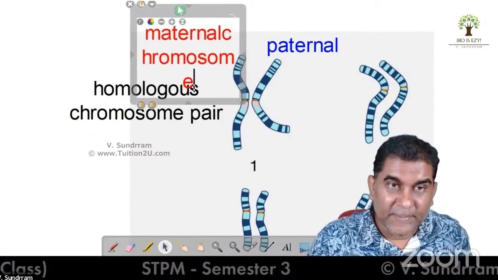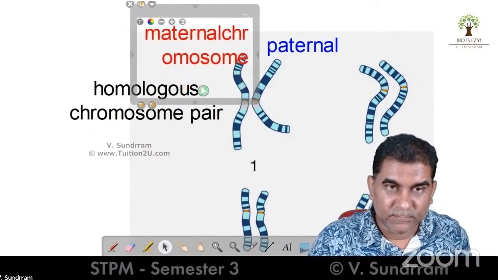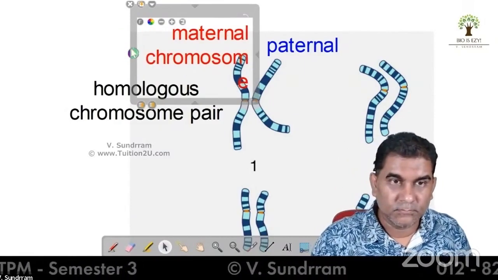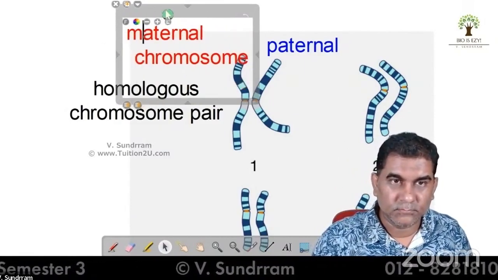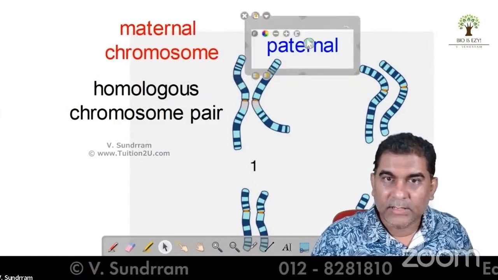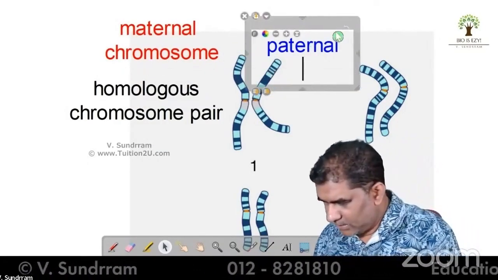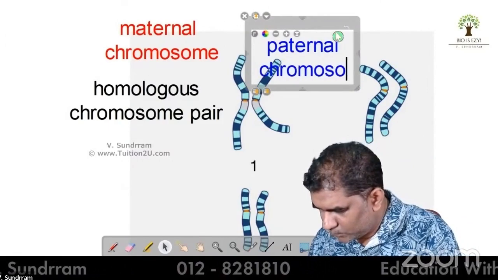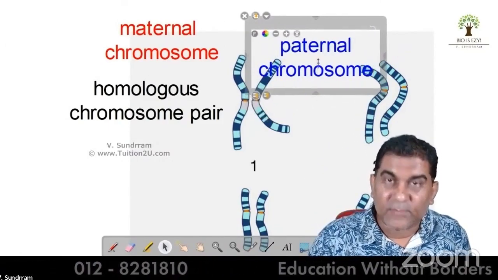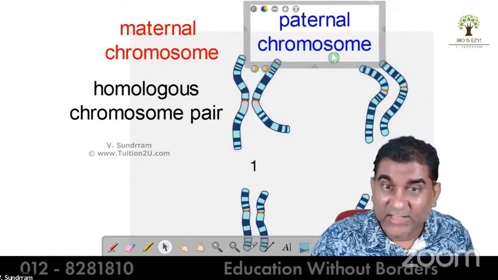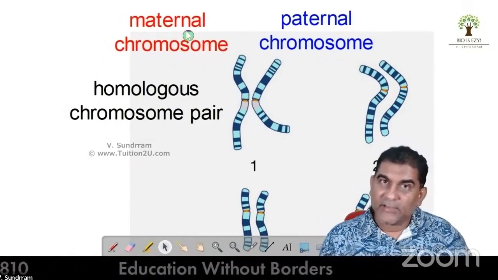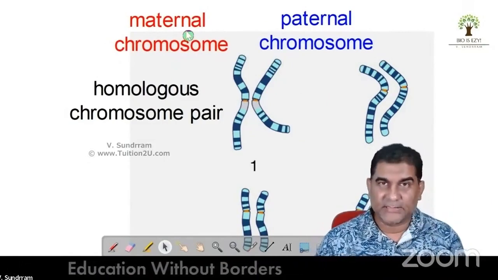Another one is a paternal chromosome. Where did the paternal chromosome come from? It came from the sperm, from the father. Where did the maternal chromosome come from? It came from the ovum, from the mother.